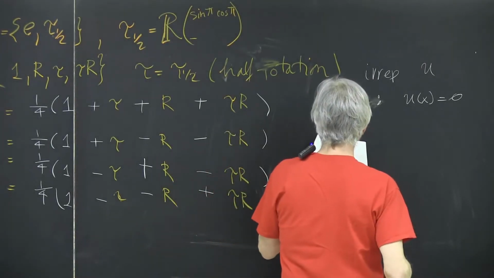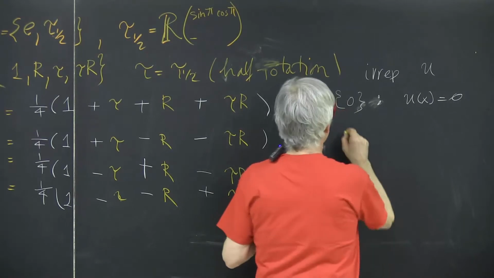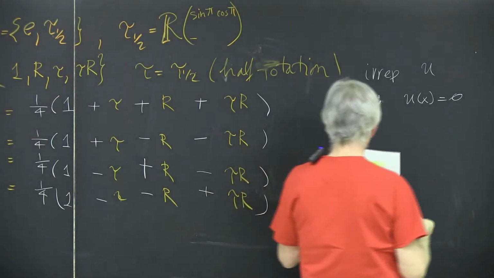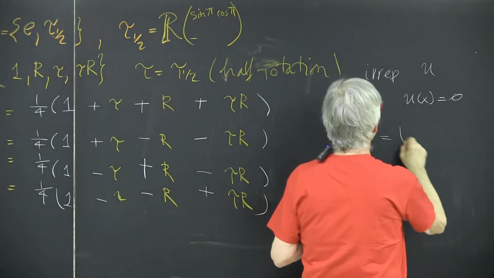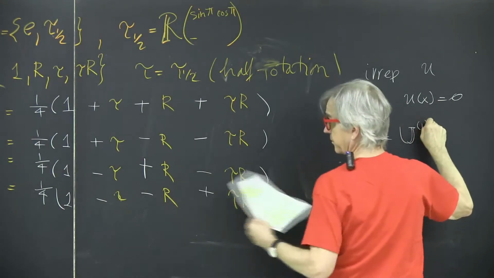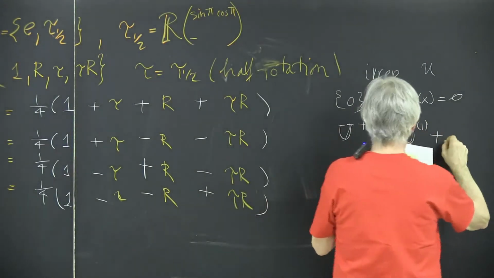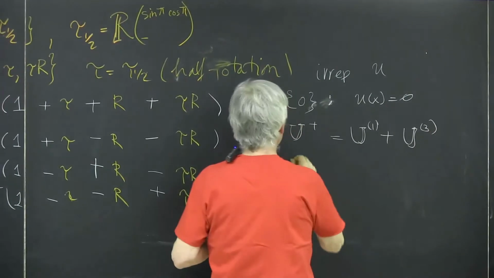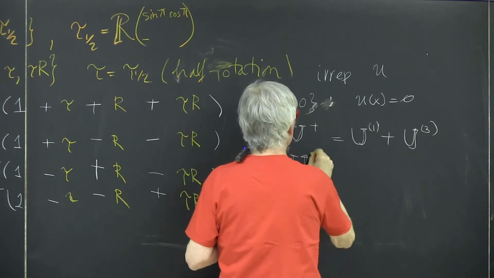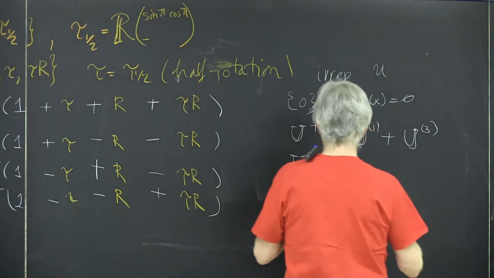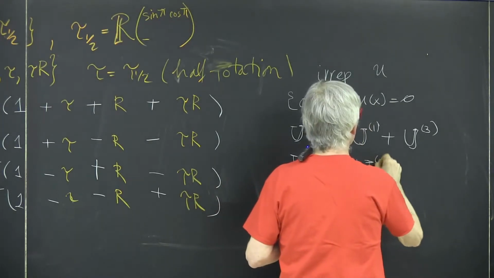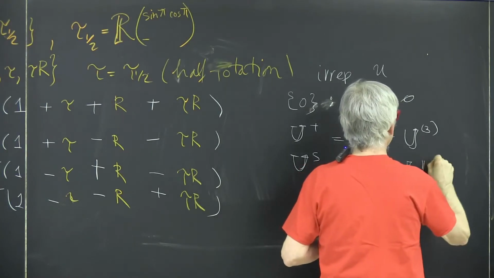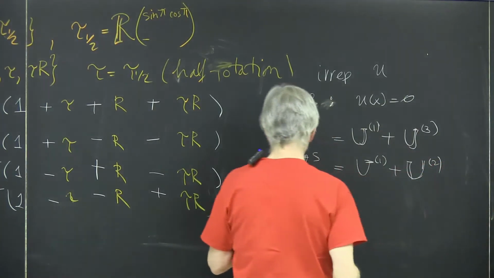But then you can define U plus, the space of functions, to be the sum of projections on these projection operators, 1 plus U3. Then there is something we call U S, which is U1 plus U2, a subspace, meaning obtained by these projections.